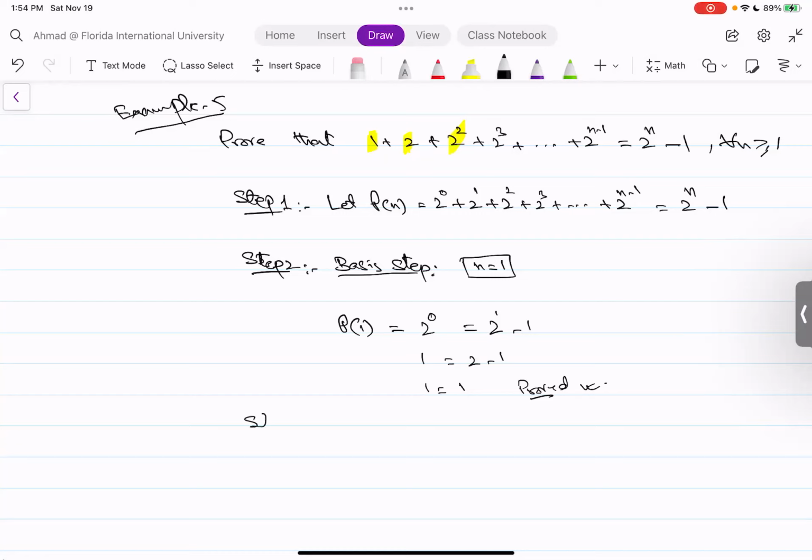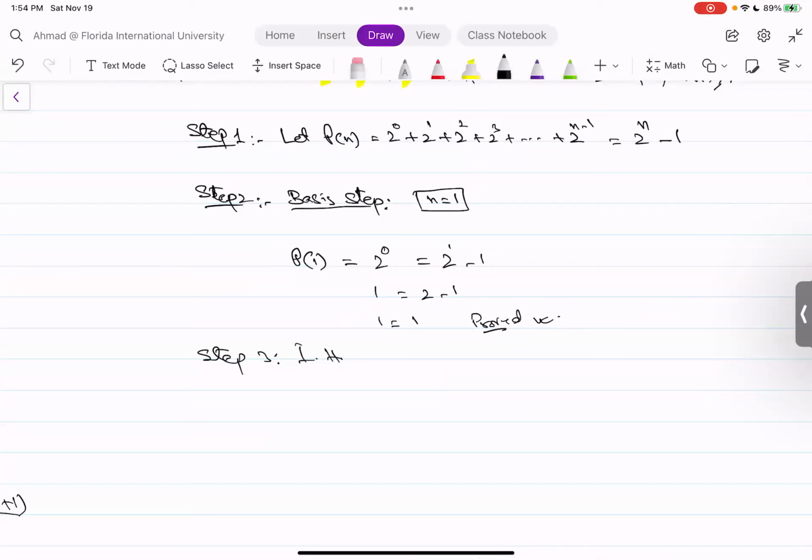Then in step number 3, I have to set up my induction hypothesis. Now, what is my induction hypothesis? In this case, we'll write it similarly. The induction hypothesis is when you prove it for n is equal to k. We say that the value of n is k now.